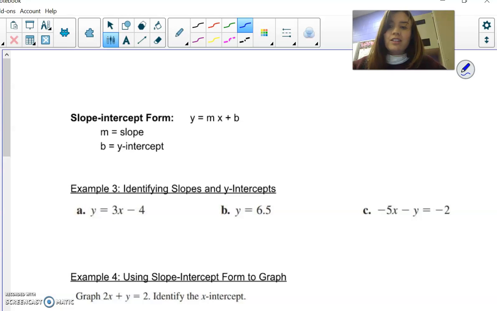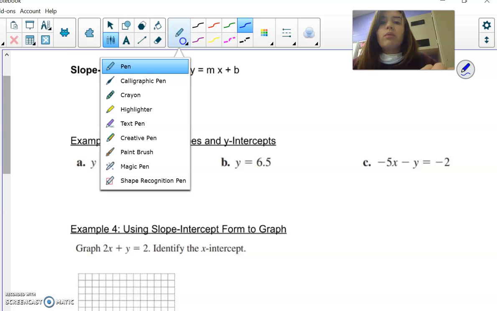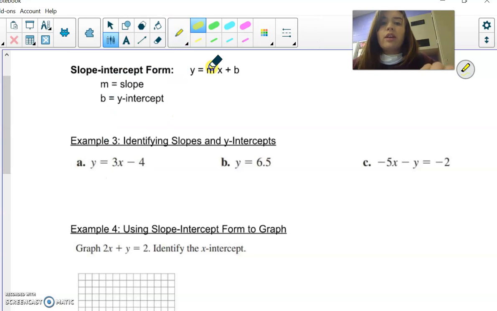Now on to our last little section. Our slope-intercept form, y equals mx plus b. And we've kind of discussed this so far. m is slope, b is the y-intercept. So when you're looking at these example 3s, we should know that m is the coefficient of x. So our coefficient of x for A is 3.